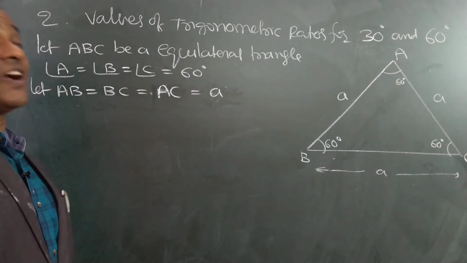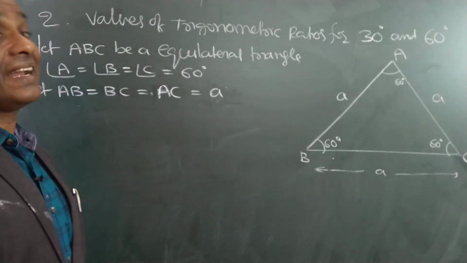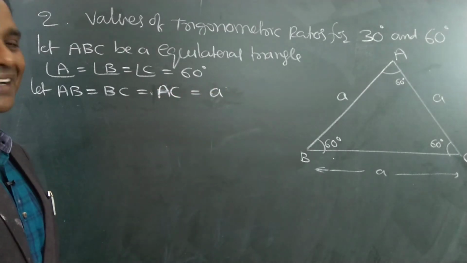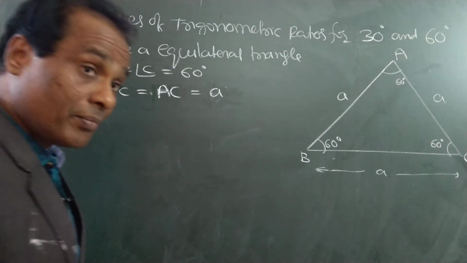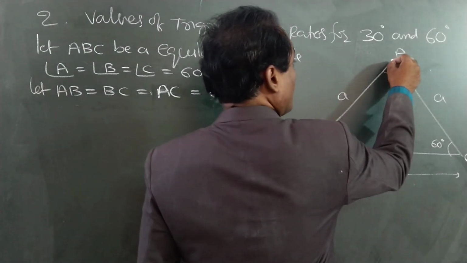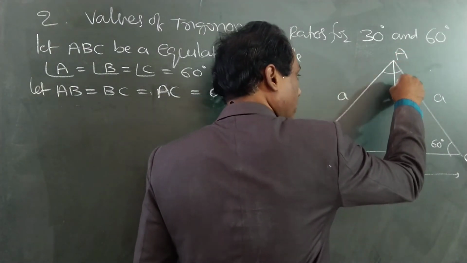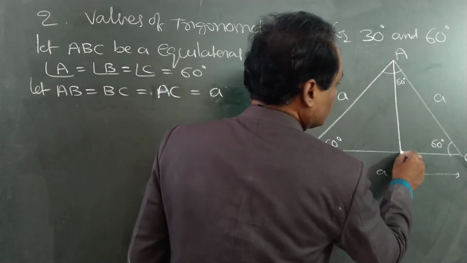But to define the trigonometric ratios, we require a right angle triangle. This is not a right angle triangle. It is an equilateral triangle. There is no 90 degrees. I am making a right angle triangle. From here, I will draw a perpendicular line.